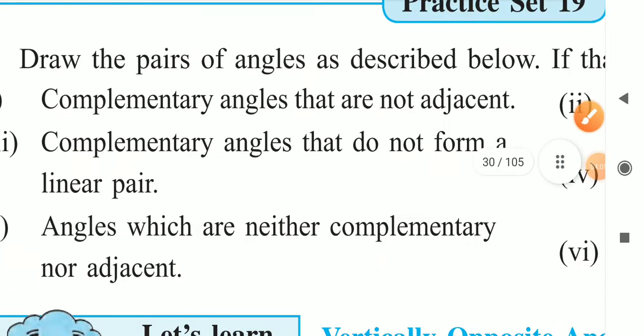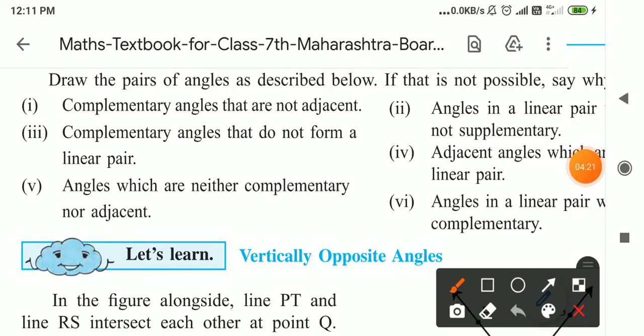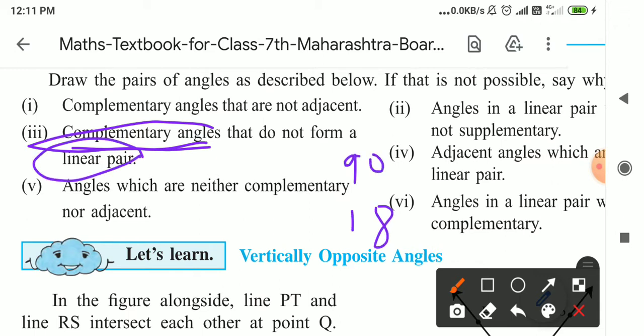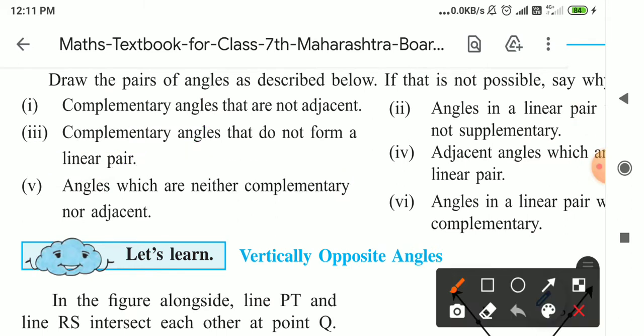Let us move toward the third statement: complementary angles that do not form a linear pair. As you know, complementary angles means the sum of the two angles is 90 degrees, and a linear pair of angles has a sum of 180 degrees. So they do not form a linear pair. So how do we write it?